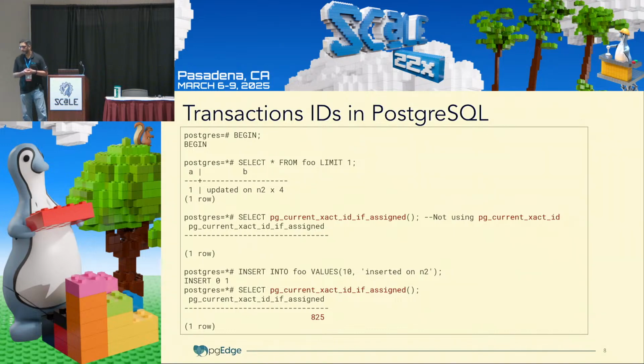You are assigned a transaction ID once you start making changes to the data. Before that, there is no transaction ID assigned. So as long as you're doing a read, you don't have a public transaction ID assigned. You'll have a transaction ID assigned, but that's local to your backend, nothing that's public. The moment you make the first change is when you're assigned a transaction ID.